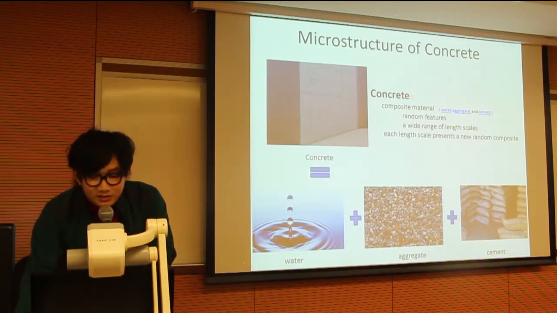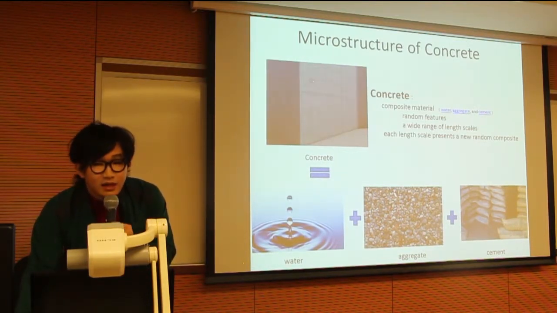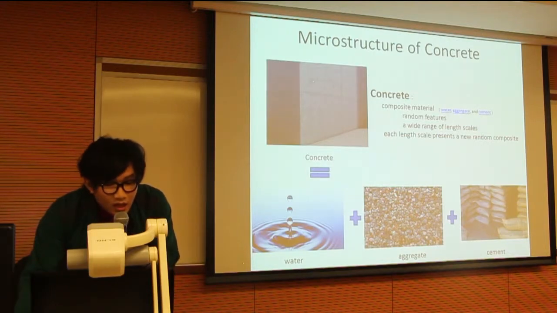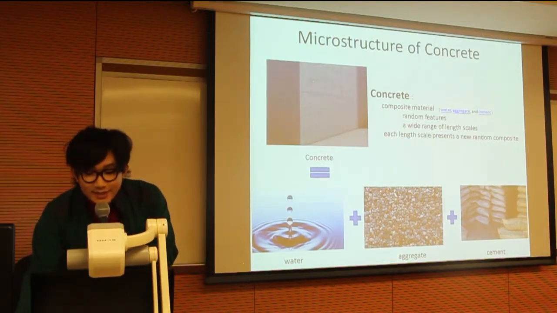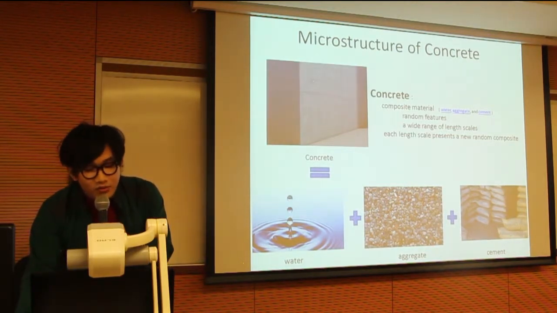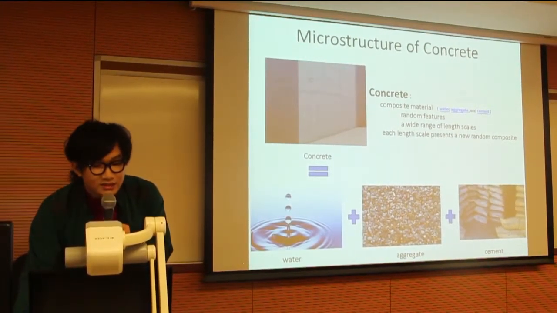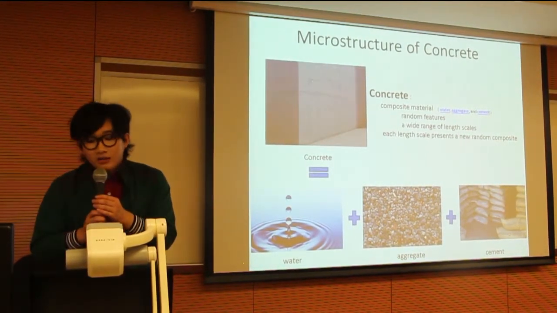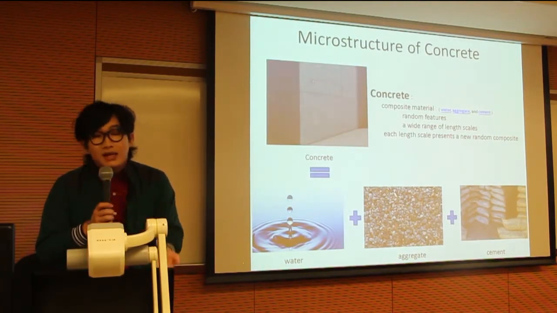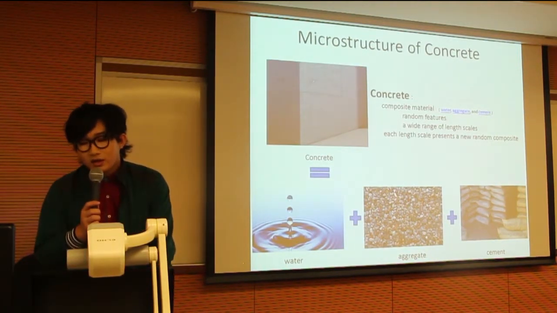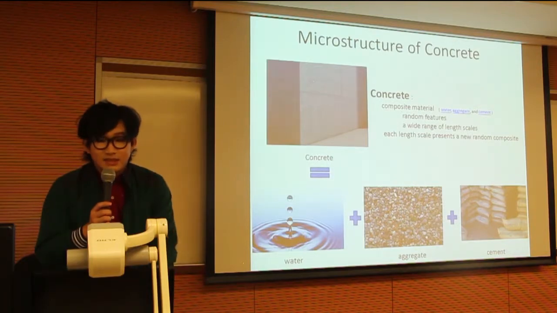In its actual uses, at the length scale of meters, concrete is usually considered to be a uniform material with bulk properties like compressive strength, creep, and others. This is the usual engineering length scale. And concrete is mainly composed of water, aggregate, and cement.